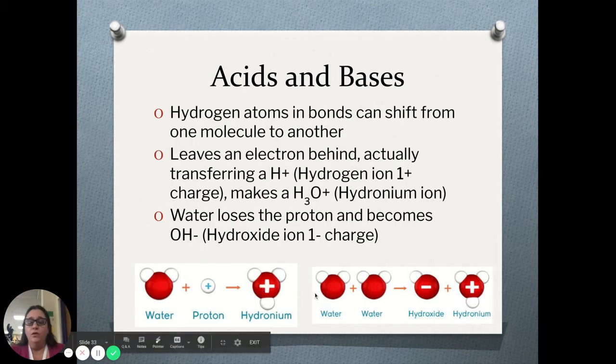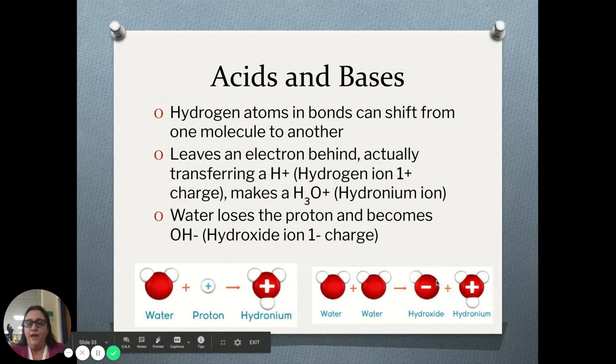Or we can take water and combine it with water, and this spontaneous dissociation happens. I don't remember exactly how many times out of so many million your book was talking about, but it does happen naturally, where water will dissociate into a hydroxide, which is an OH, an O and an H that is a little bit negative.